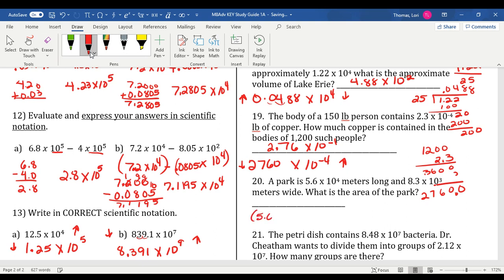So we have 5.6 times 10 to the 4th times 8.3 times 10 to the 3rd. We're going to multiply 5.6 and 8.3. It's going to be 18. That's 15, 16. 8 times 6 is 48. That's 40 plus 4. That's 44.